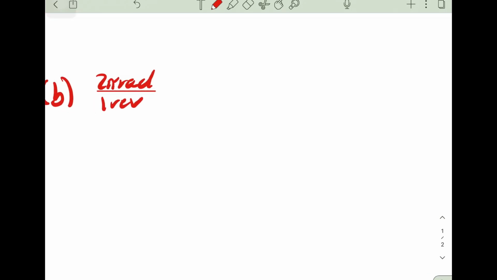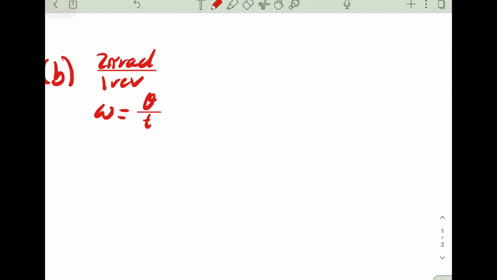There's one that we can use that's super useful: your angular velocity will always equal your angular displacement over time, because it's kind of the same thing as saying your velocity equals the total distance that you have done over the time that it's taken. So like meters per second.